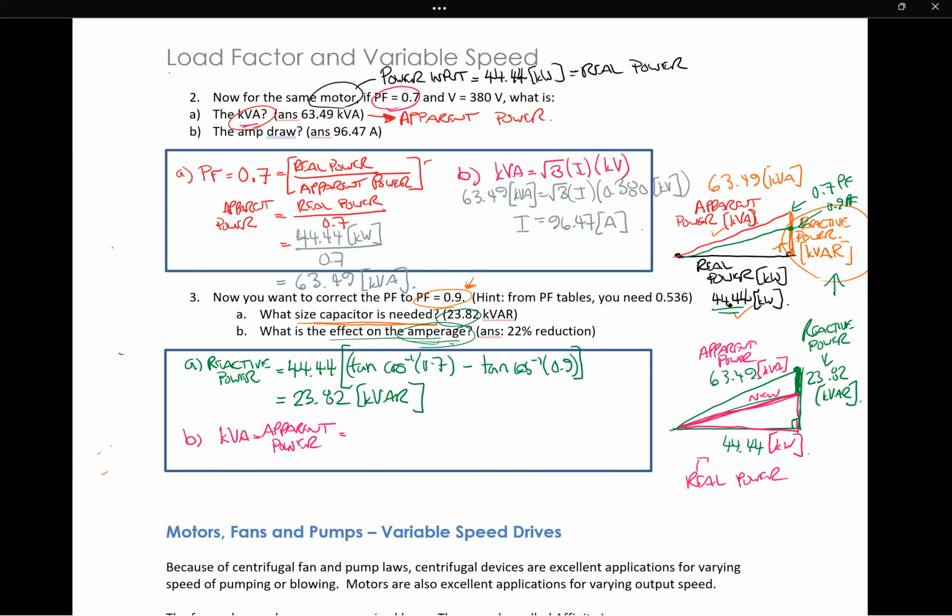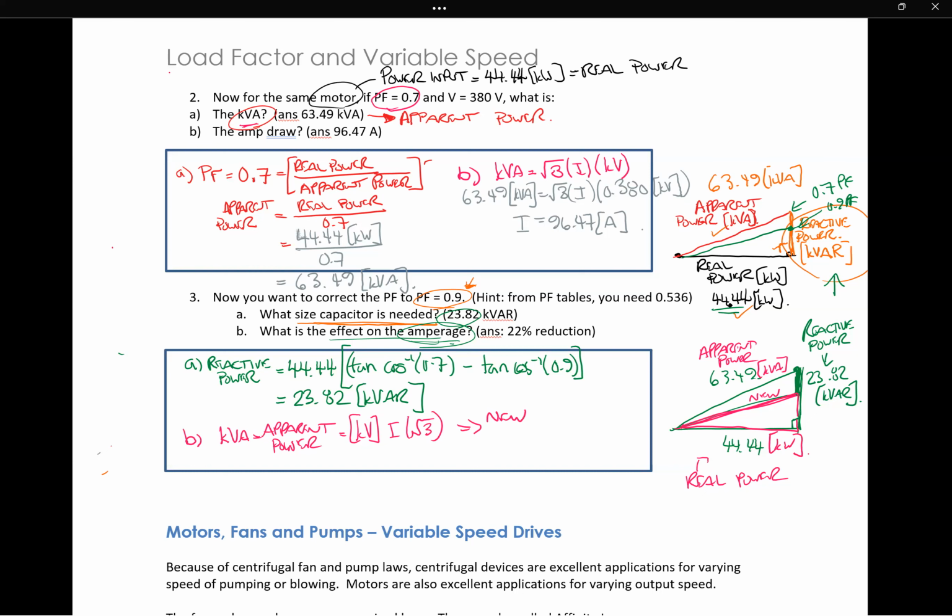Apparent power is going to be equal to your kilovolts times current times root 3. Just did it in a different order than above. But what is that new apparent power?